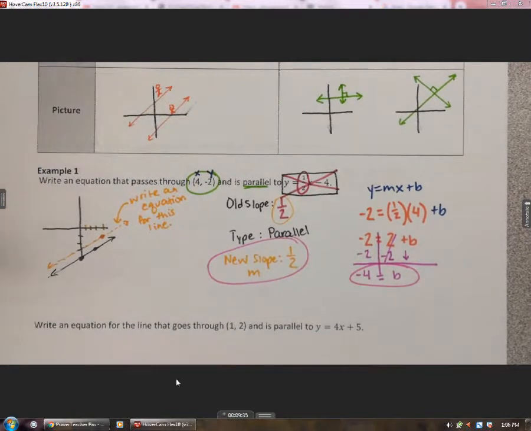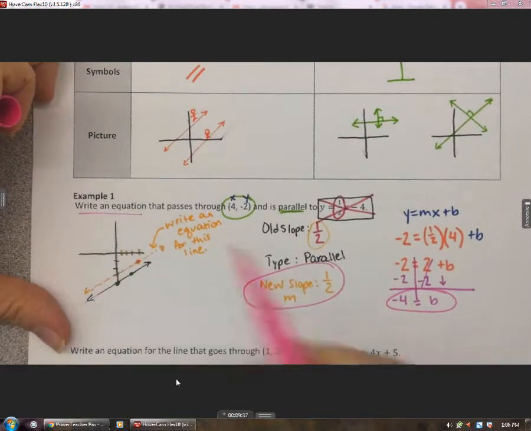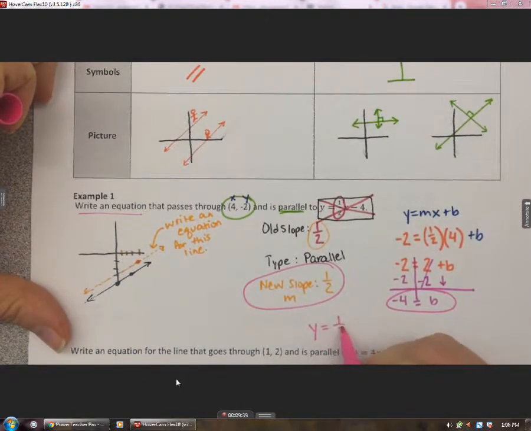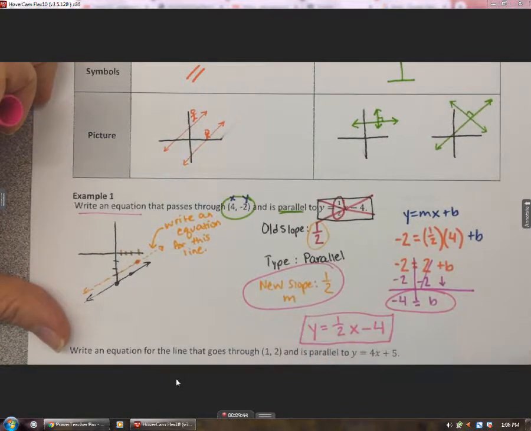We have our 2 ingredients. Now we're going to put them together to make an equation. Y equals 1/2 x minus 4, and then you're done. This right here is the equation for this line.